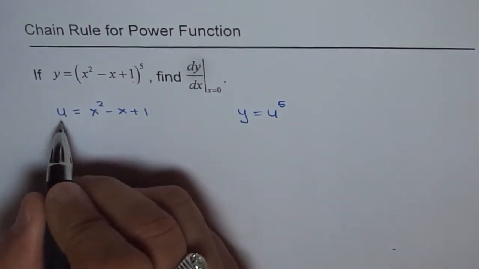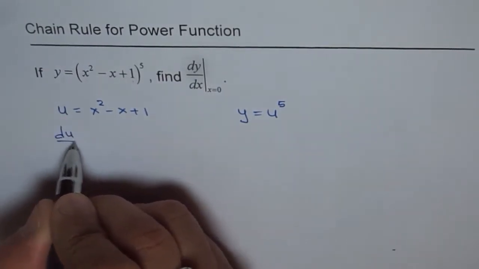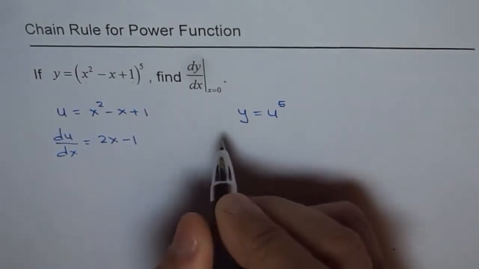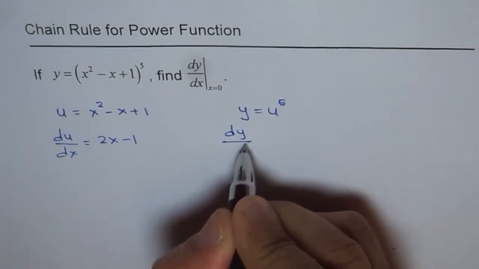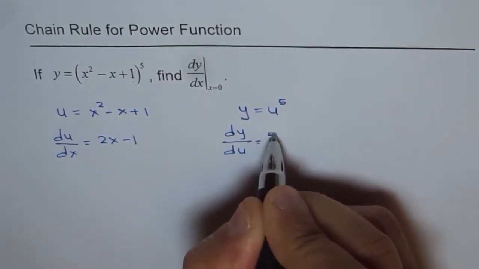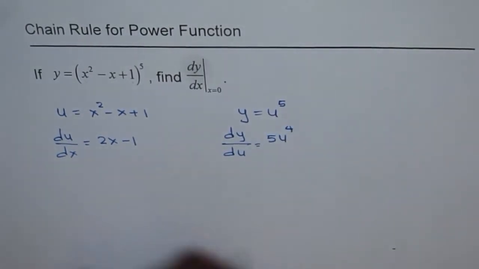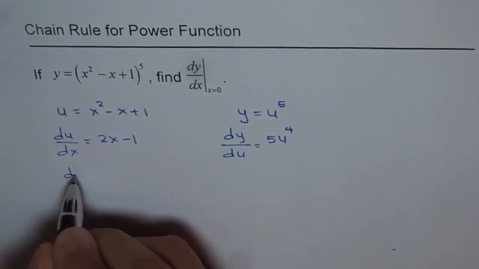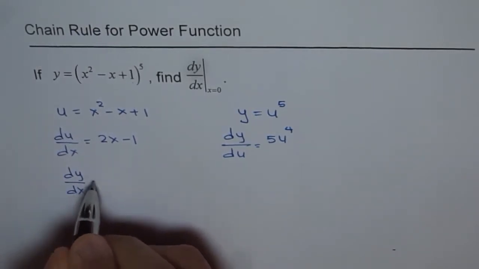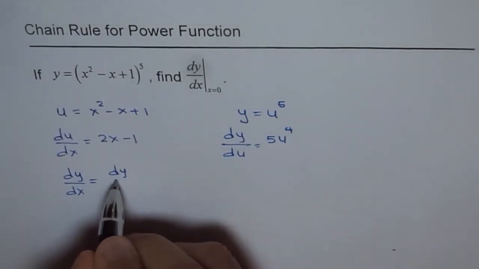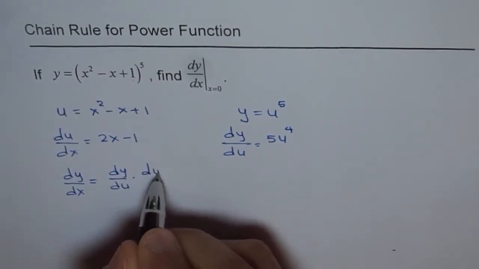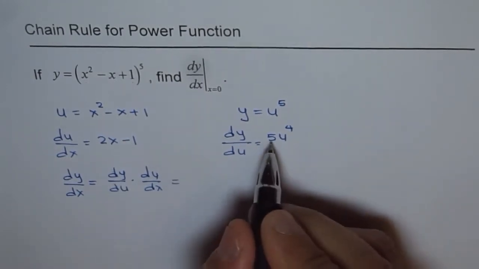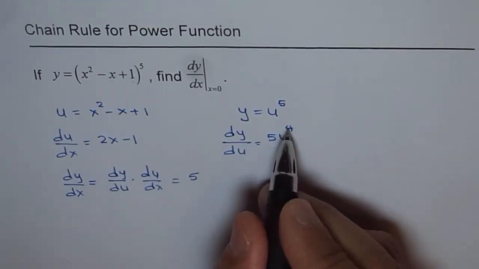Now what we can do is find the derivative of u with respect to x. So du/dx is equal to 2x minus 1, and here we can find the derivative of y with respect to u, which is 5u to the power of 4. And now, using the chain rule, we can get dy/dx. So dy/dx equals dy/du times du/dx. And dy/du is 5u to the power of 4, right?